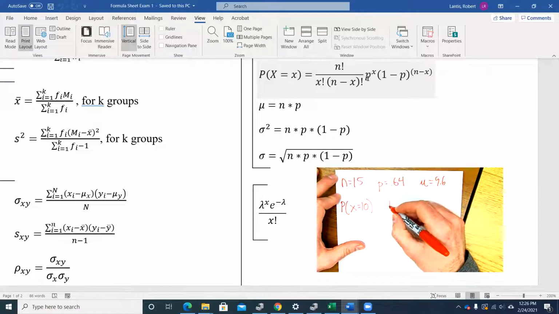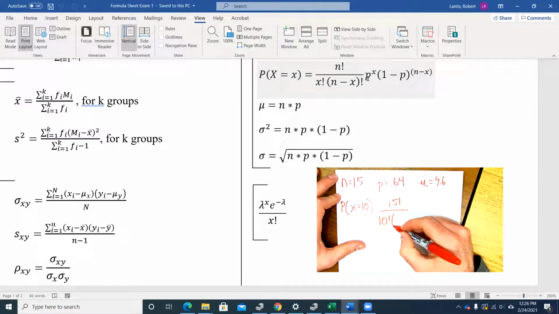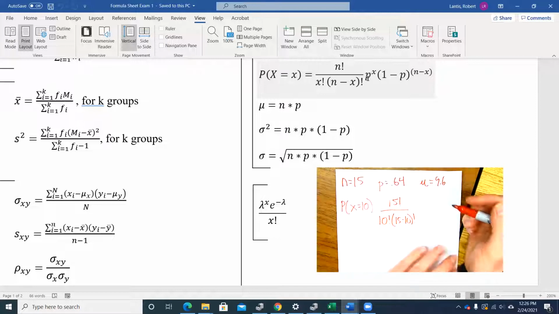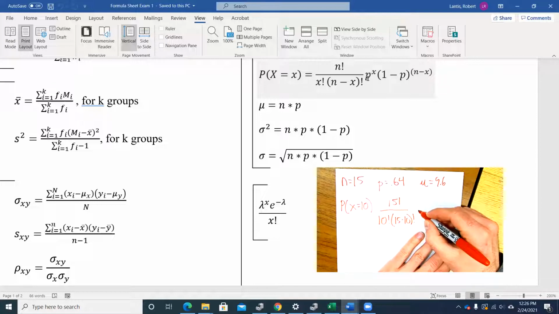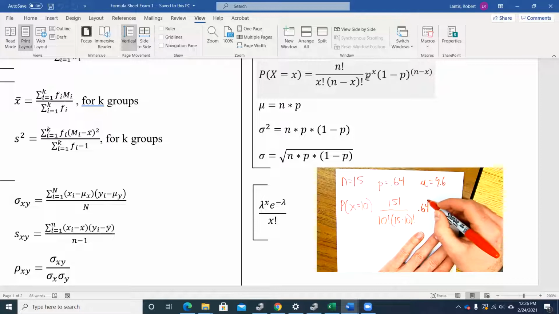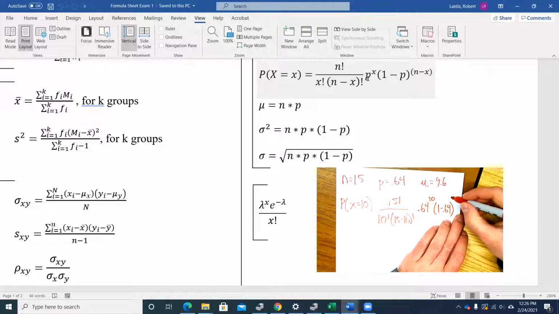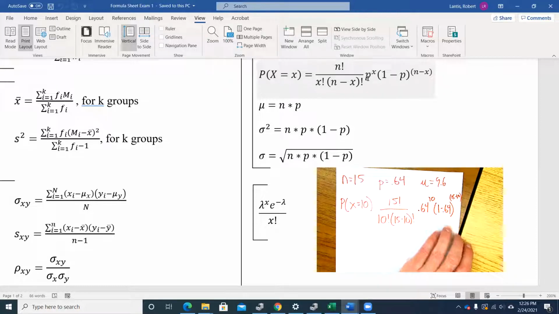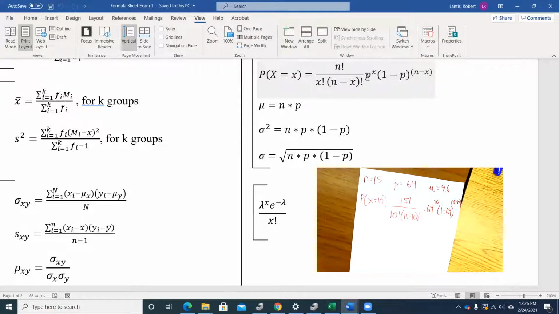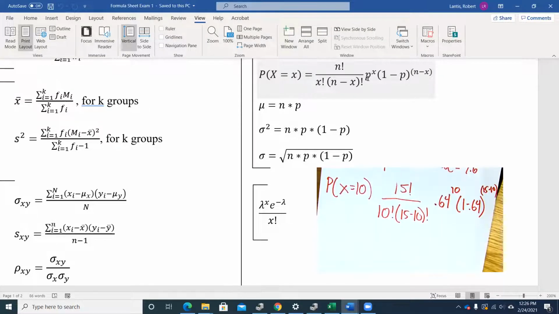So I've got n factorial over x factorial times n minus x factorial, multiplied by the probability of success raised to the x power, and then 1 minus the probability of success to the n minus x power.